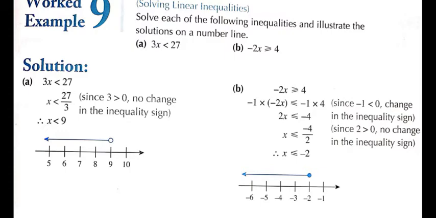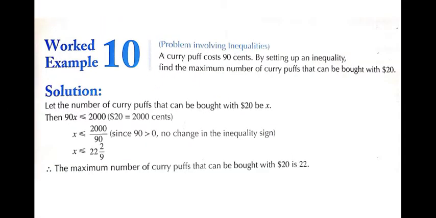Okay, right. So a problem involving inequalities. It's also an application in a real world context. So a curry puff costs 90 cents.